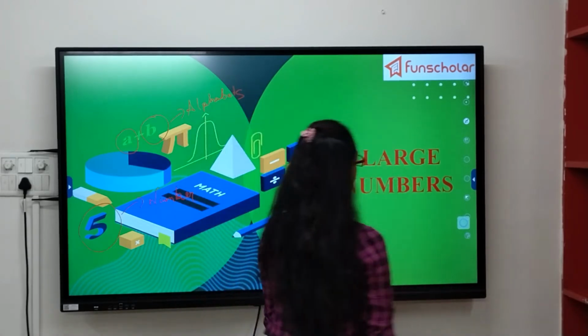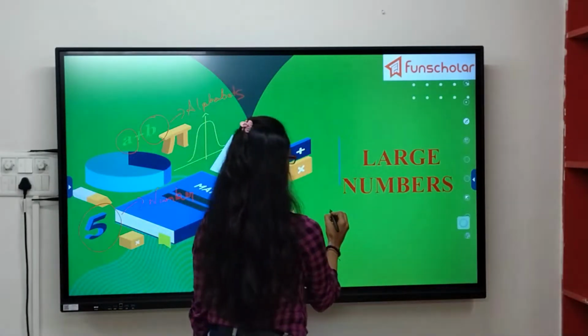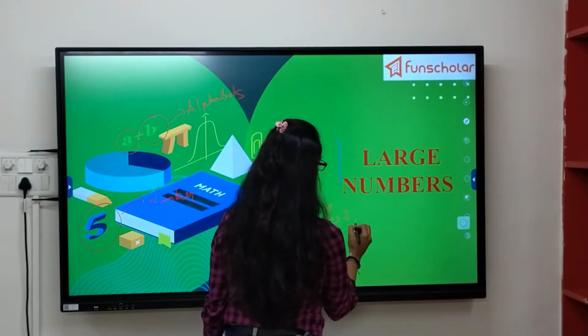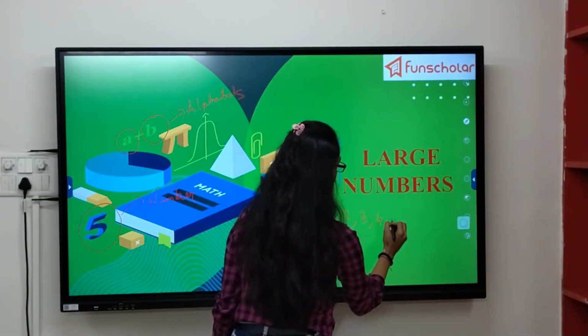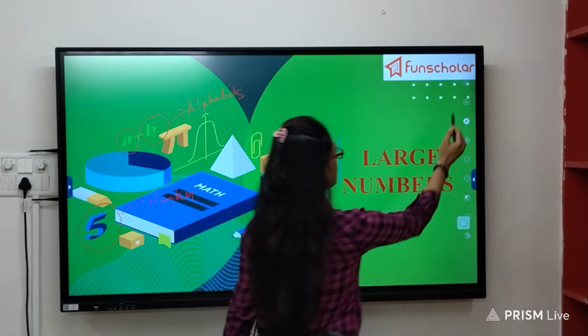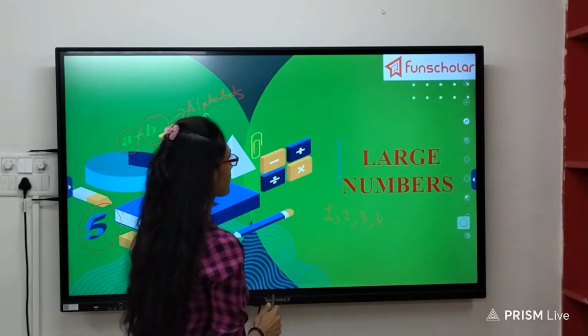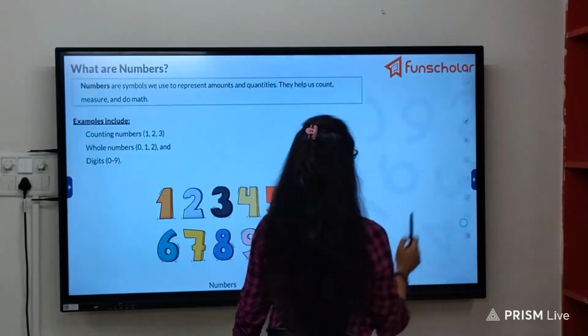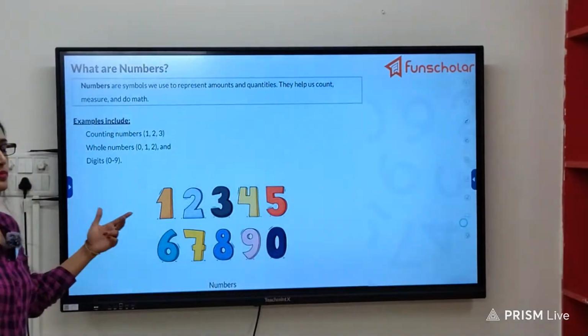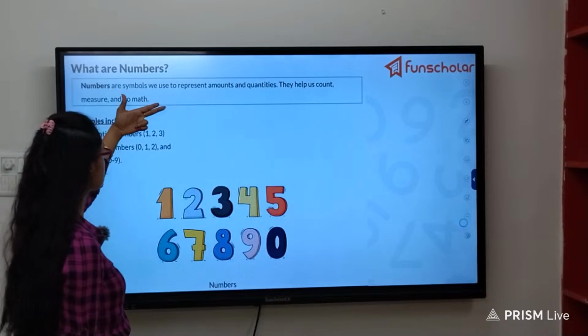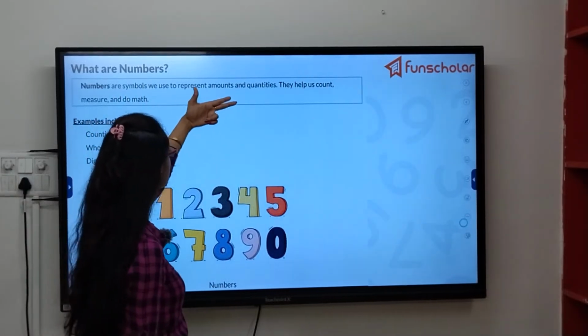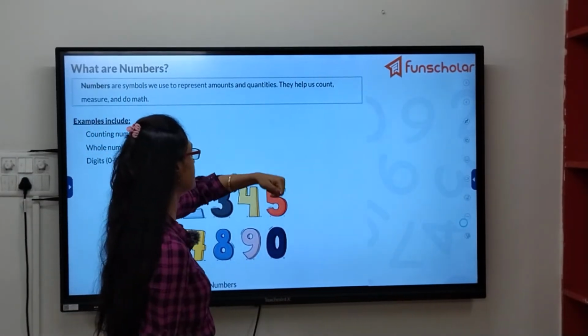So numbers are basically 1, 2, 3, 4 and so on. So let us read once. Numbers are symbols we use to represent amounts and quantities.